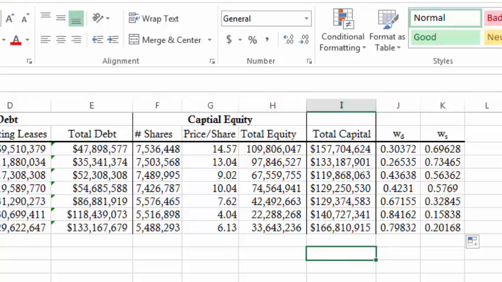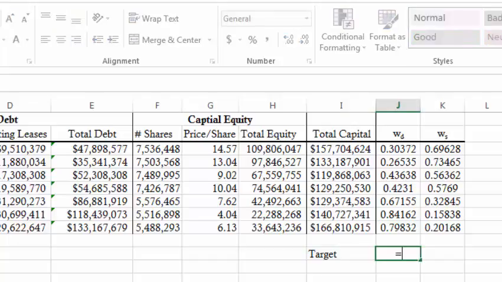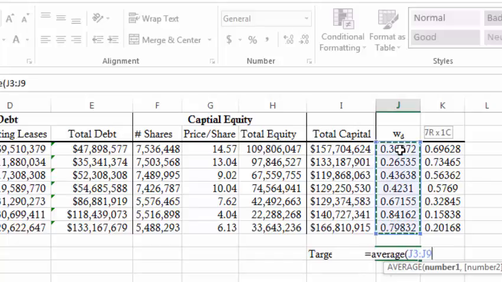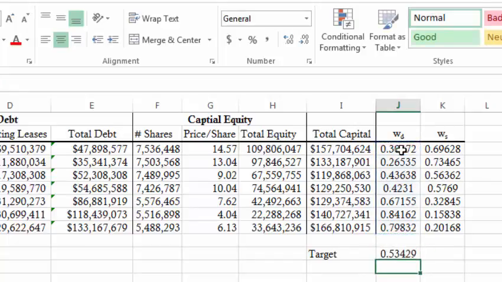I'm going to come down here and say, what is the target? What is the point around which we've been going up and down, up and down, around? Well, the easiest way of finding that is the midpoint that we've been going up and down around. So I'm going to say equals average, highlight them, hit enter. That one's 53.